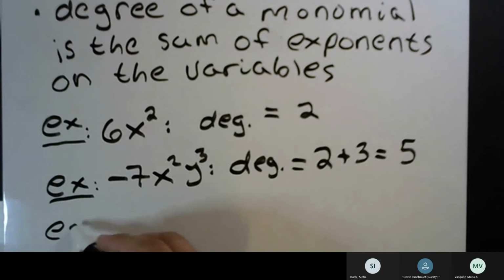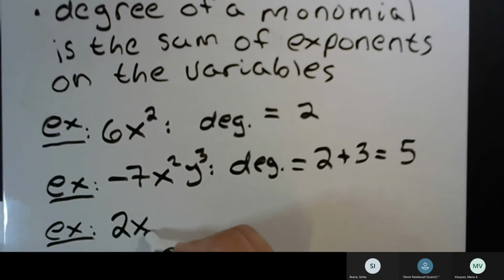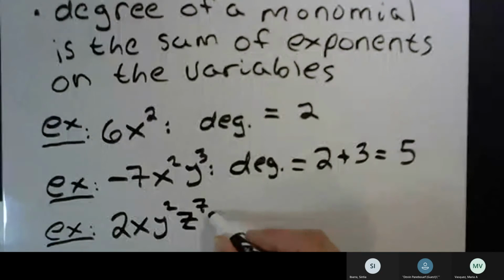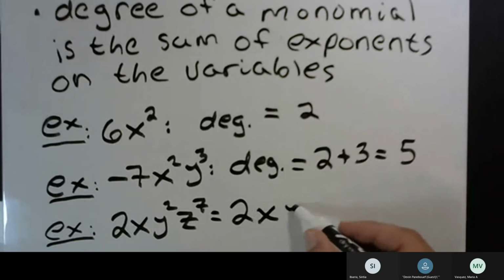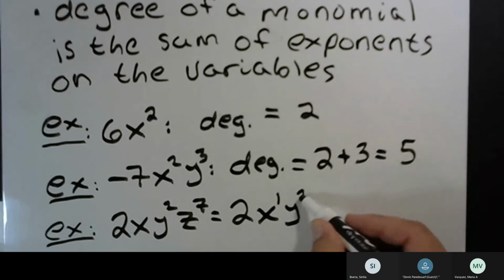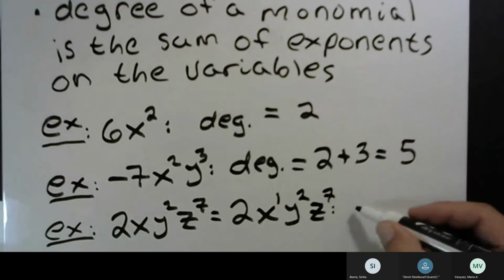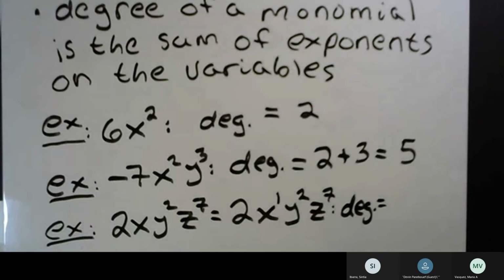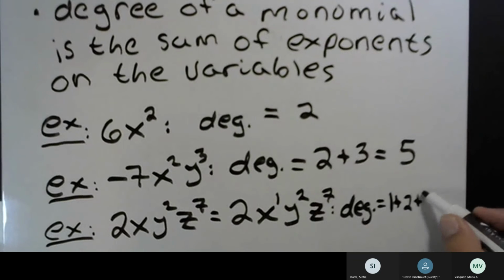If you have a variable that doesn't appear to have an exponent, it actually does. There's an invisible 1 on it. So the degree will be 1 plus 2 plus 7, or 10.